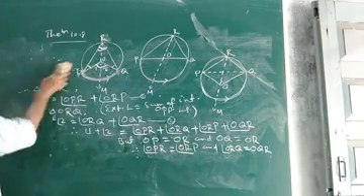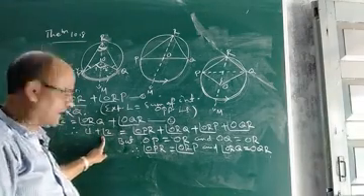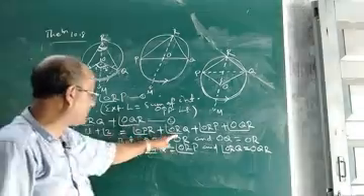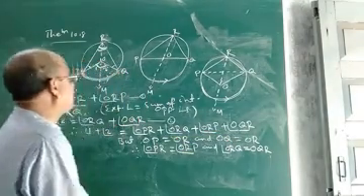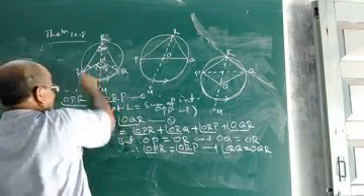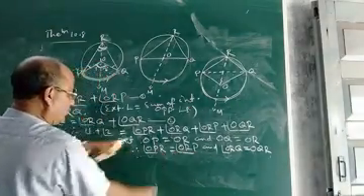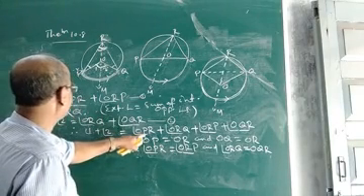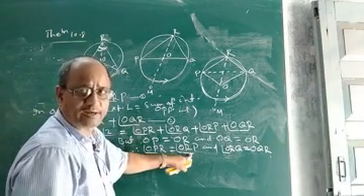See, now what did we get? We got 1 plus 2. Look at this equation: angle 1 plus 2 equal to angle OPR plus angle ORQ plus angle ORP plus angle OQR. Okay, now look at ORP equal to OPR. So in place of this angle OPR, we can write ORP.